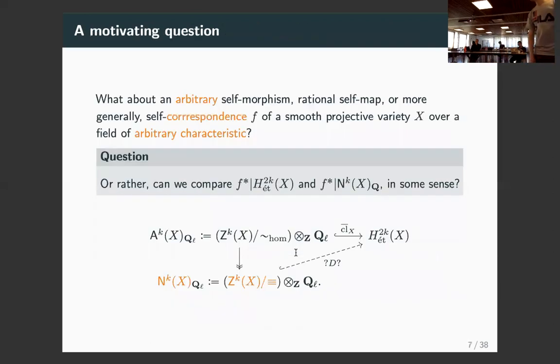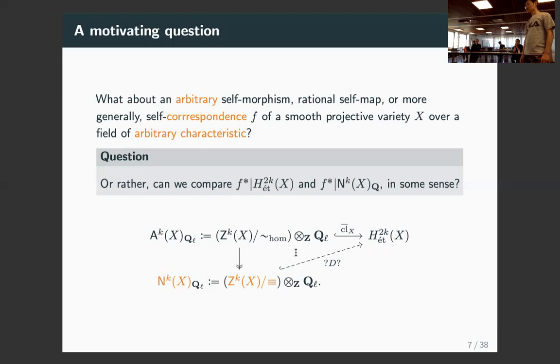Okay, so now here is the motivating question. Then we know these invariants of the pullback on divisors and on the second cohomology group are the same. Then what about an arbitrary self-morphism, arbitrary rational self-map, or more generally self-correspondence, of a smooth variety over an arbitrary field? Or rather, can we compare these two linear actions?